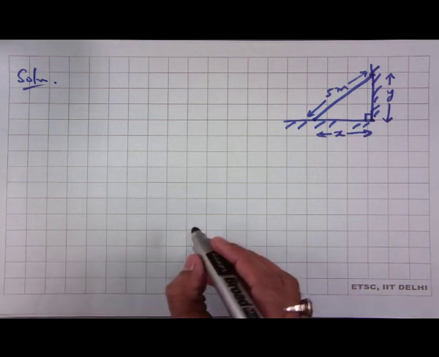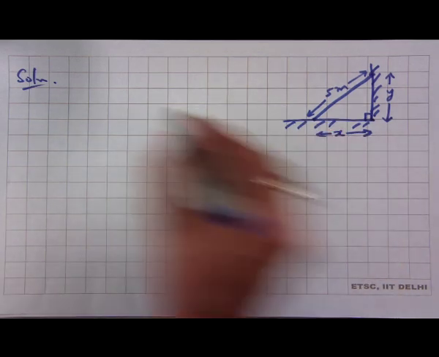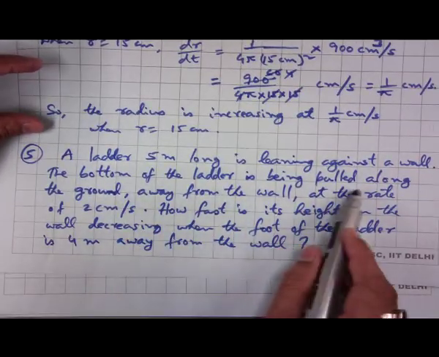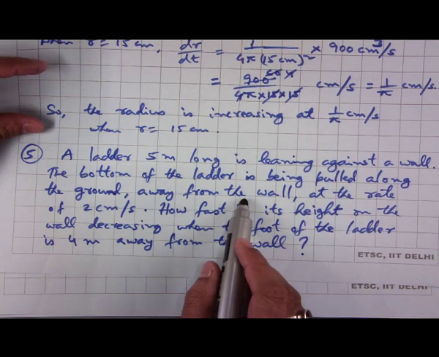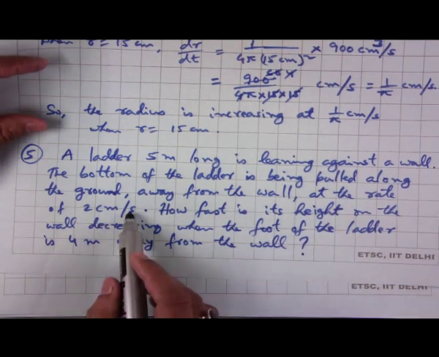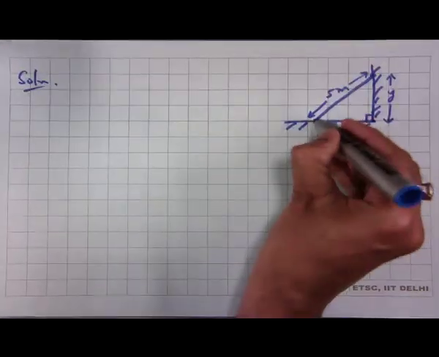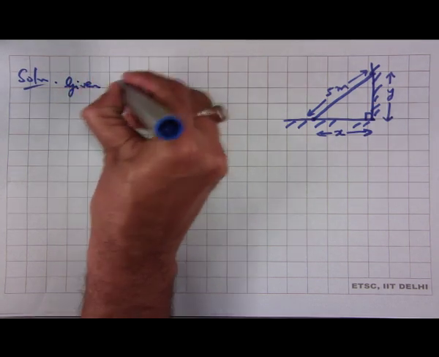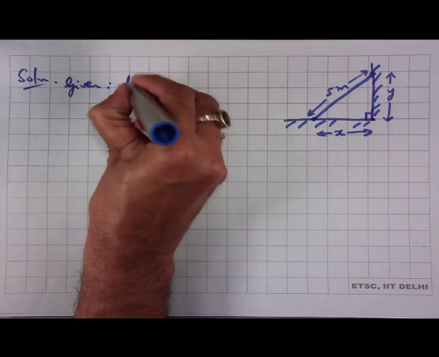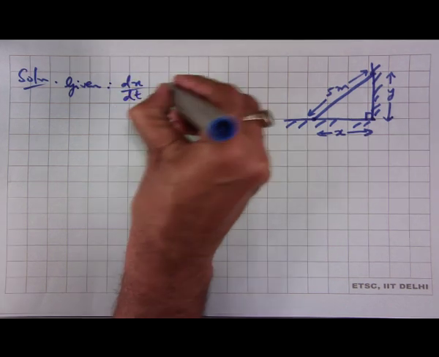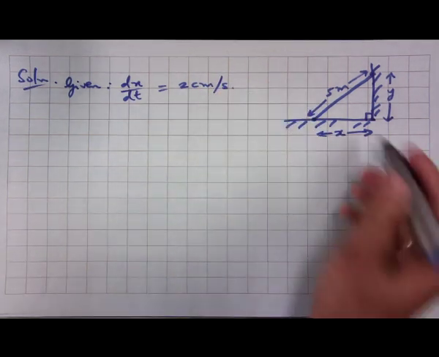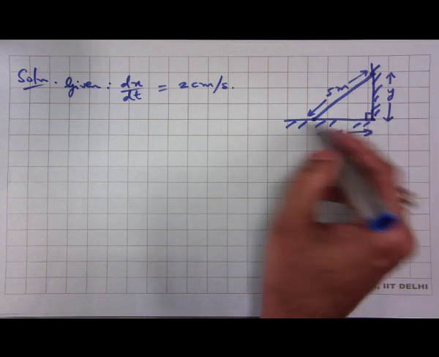Now, what is given is that the bottom of the ladder, the foot of the ladder, is being pulled away from the wall at 2 centimeters per second. So, for this x, dx/dt is equal to 2 centimeters per second. Because it is pulled away from the wall, x is increasing with time.